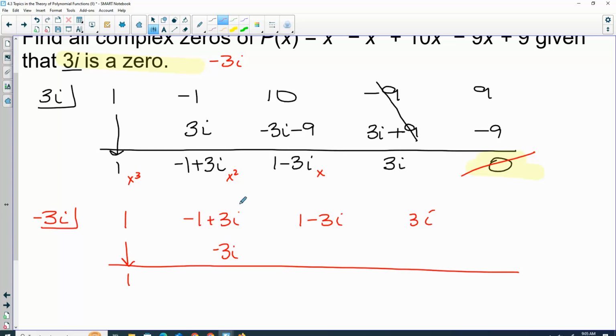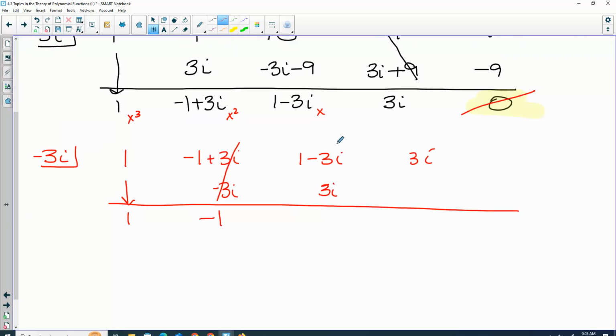Add like terms, 3i and negative 3i cancel, and we just have negative 1 left. Negative 1 times negative 3i is positive 3i. Add like terms, negative 3i, positive 3i cancel, and we just get 1. 1 times negative 3i is negative 3i. Add those and we get 0.